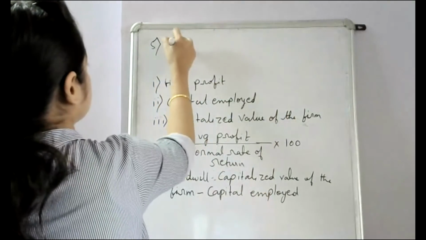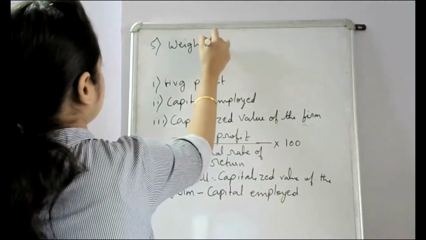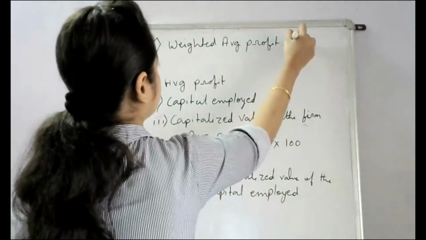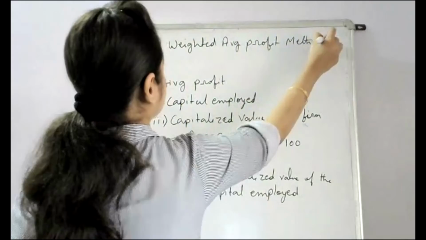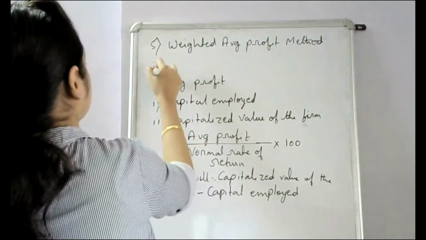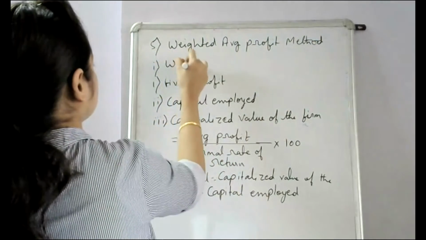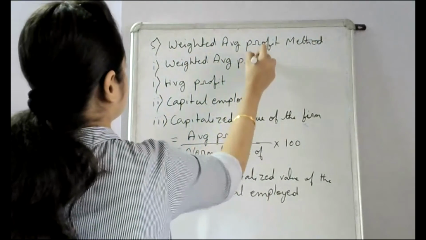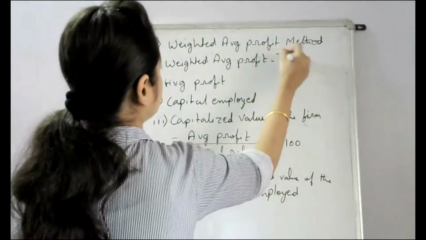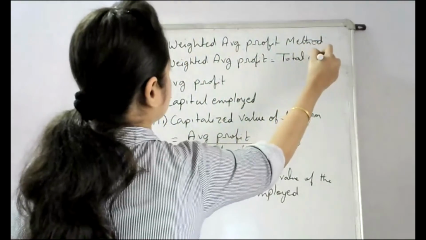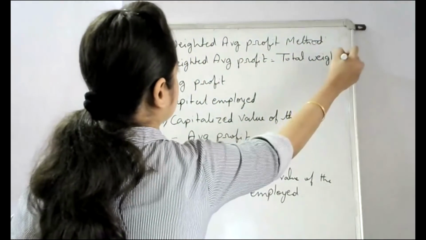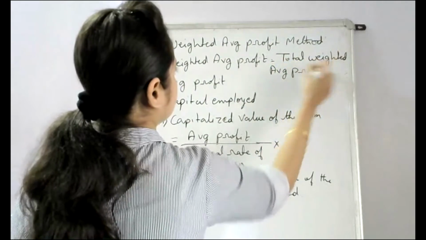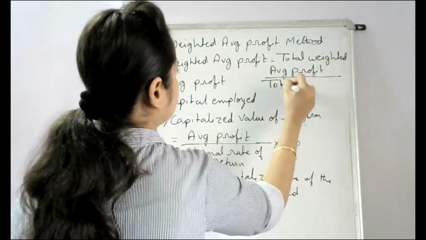Number 5 method is weighted average profit method. Roman 1 is weighted average profit equal to total weighted average profit divided by total weights.